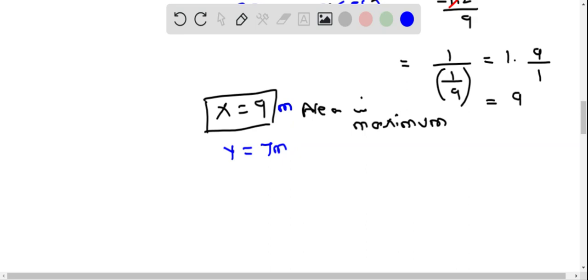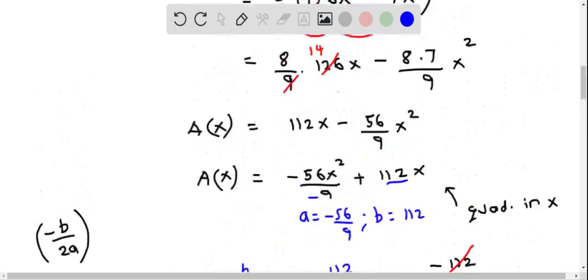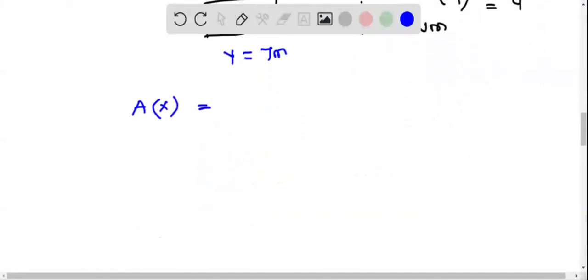We can find the maximum area. So for that we will utilize the area function. So therefore area equals 112x minus 56 by 9 x squared. Let me copy that. 112x minus 56 x squared over 9.